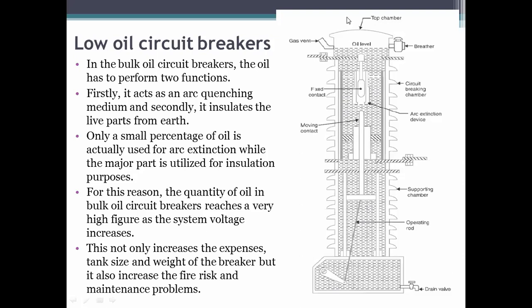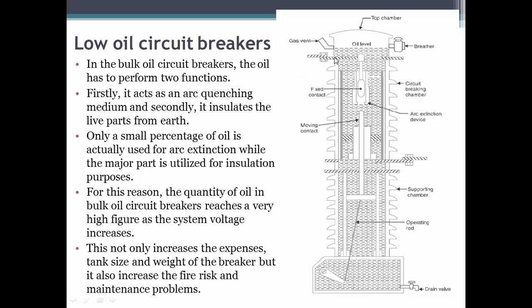Okay, then from top will come, this is the top chamber. This circuit breaker is inside this chamber, one chamber is there. So the top chamber is there. Okay, this top chamber is nothing but some space is given for the oil expansion and contraction. This is the gas vent, the breather, just like your transformer.